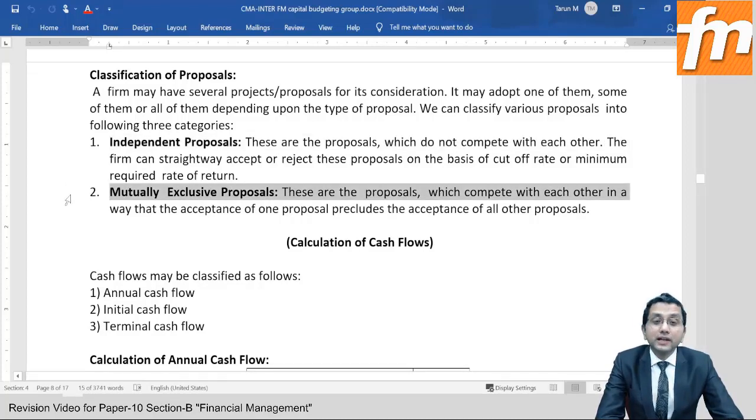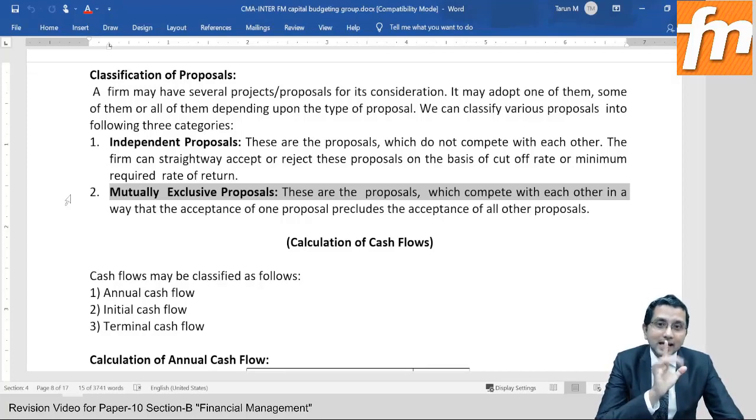Then there comes the mutually exclusive proposal. After becoming a cost accountant, suppose you go for a job interview, there is only one vacancy and 5 candidates are present for the interview. If any one is selected, the remaining 4 will be rejected for that particular job.